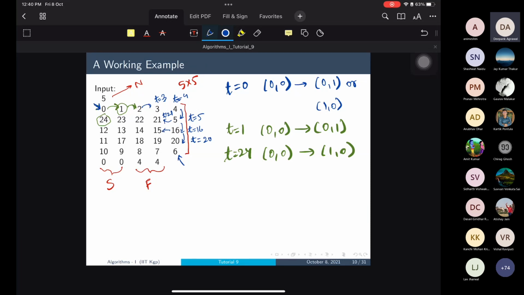But in this direction you can directly move at t equals 16, because the elevation of both the blocks is at max 16, right? So at t equals 16 you can directly move in this direction, keep moving. You cannot move here at t equals 16. That will take at least t equals 17, right?